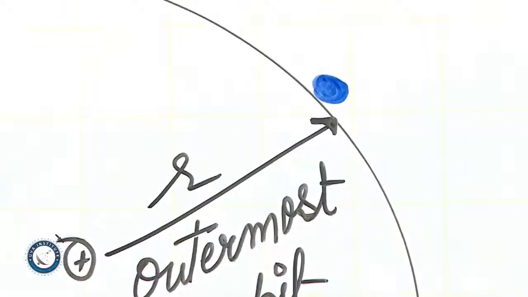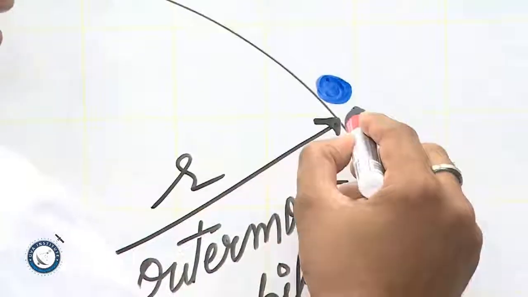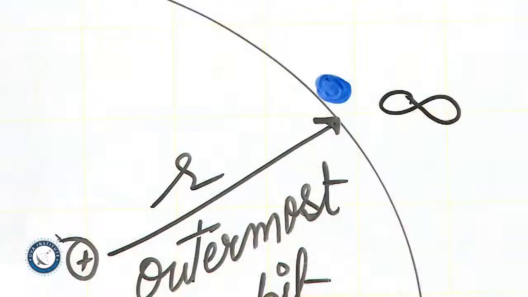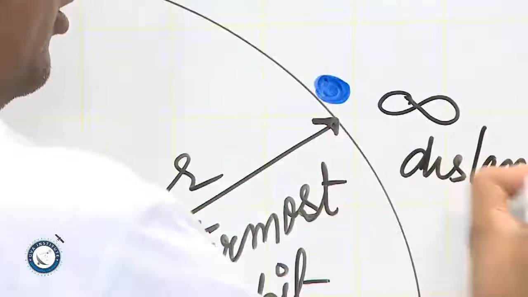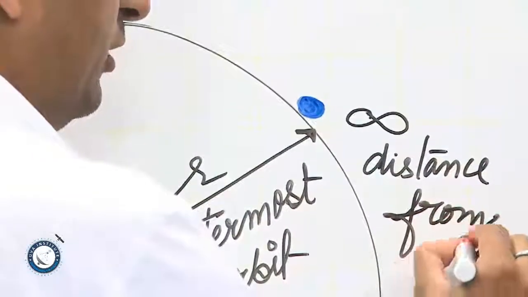So what we consider is that this electron which is sitting out of the atom is actually sitting at an infinite distance from the nucleus. We assume it to be sitting at an infinite distance from the nucleus.